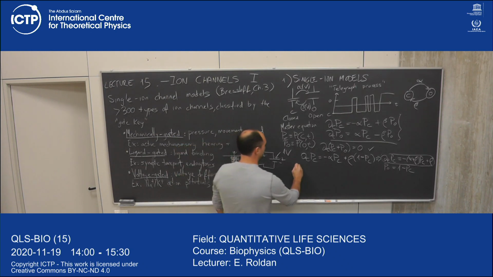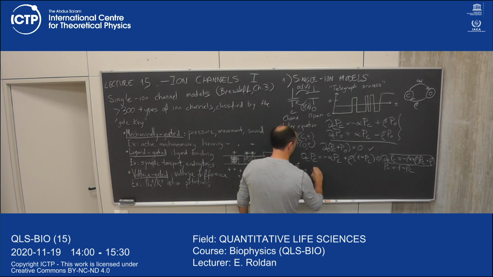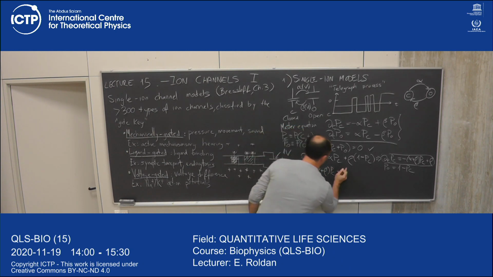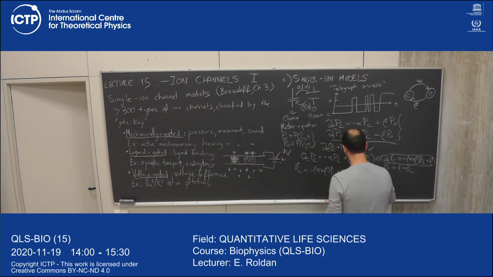This is like P0 of c equals minus (alpha plus beta) Pc plus beta. That's simple, no? It will be exponentials. I know it by heart: Pc(0) e to the minus (alpha plus beta) t.